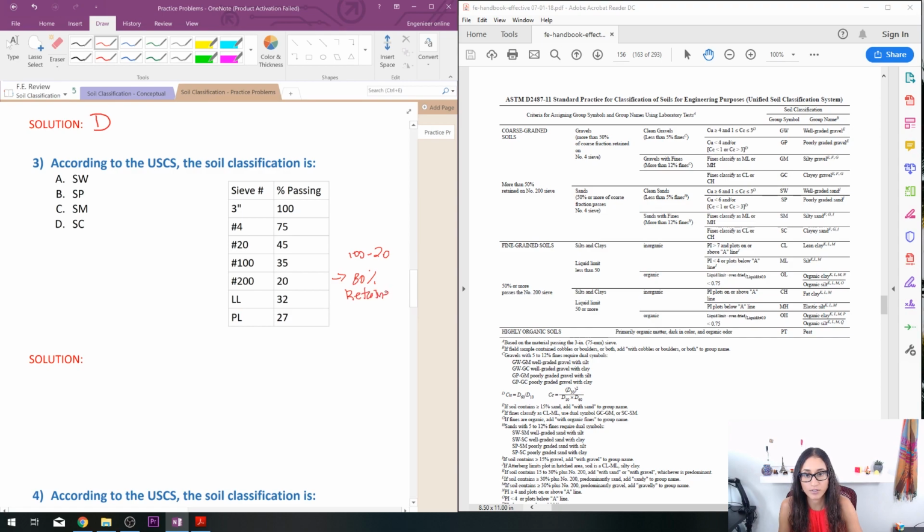So if I have 80% retained for sieve 200, I can already classify my soil as coarse grained.